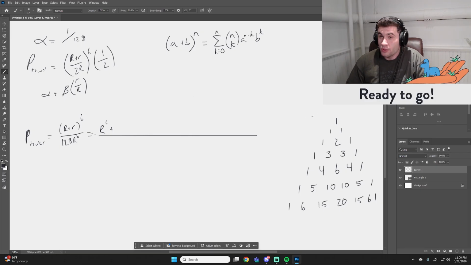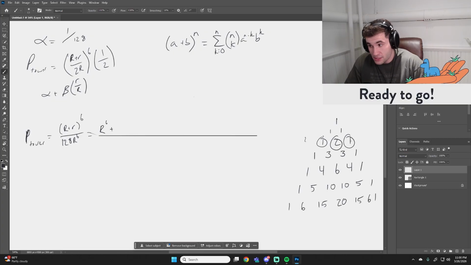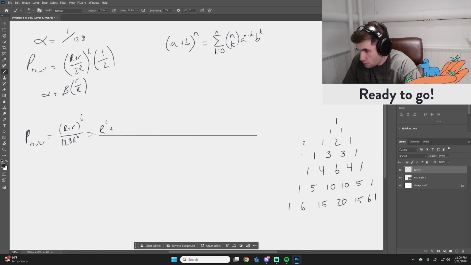So you'll notice there's a relationship here. I'm not going to be able to explain it well, but the example that I'll give is that we had a squared plus 2ab plus b squared, right, for the square. So if the exponent is 2, we get 1 a squared plus 2ab plus 1 b squared, right? And we're looking at the 6th. So this is 2, 3, 4, 5, 6.